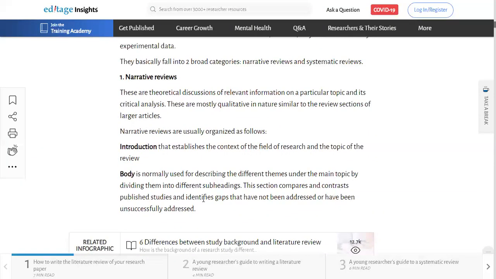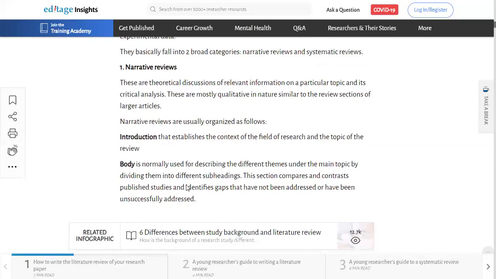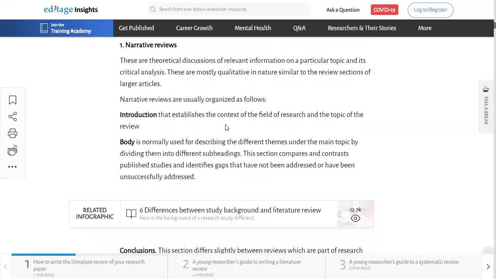So in that way, you're going to show the importance of each one of the studies. Let's suppose you have 10 studies. You're going to review study by study.